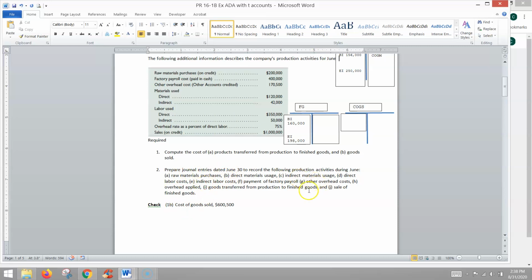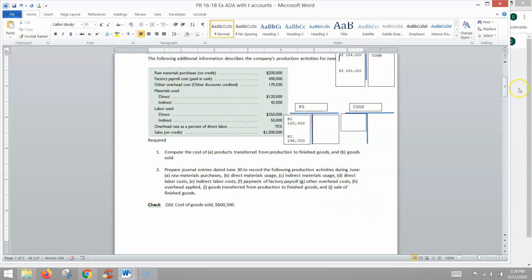So all of that up until overhead applied is going to be just information from our table for the journal entries. When we get to overhead applied, we have to do the calculation. You have to calculate goods transferred from production to finished goods, which is the cost of goods manufactured, and record the sale of the finished goods, both the sales amount, the sales journal entry, and the cost journal entry, which would be the cost of goods sold.